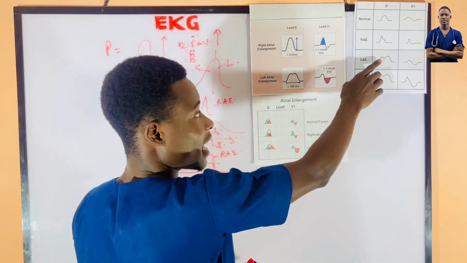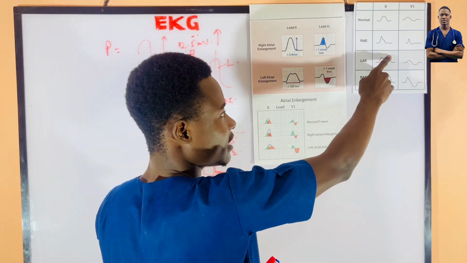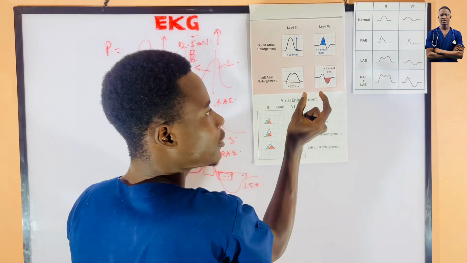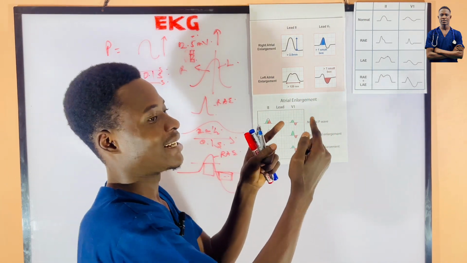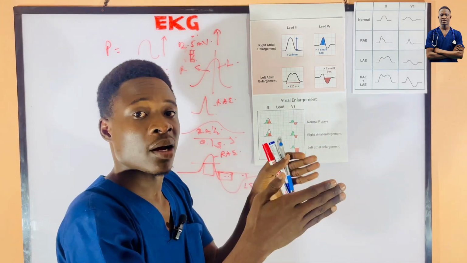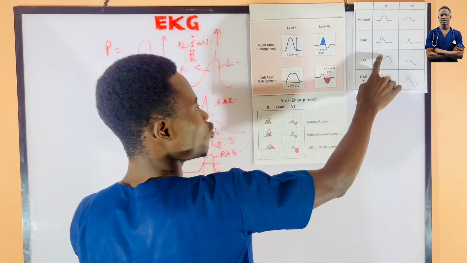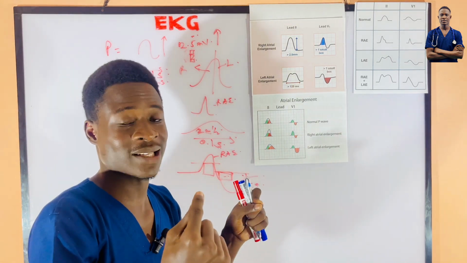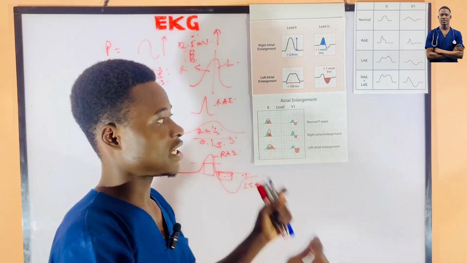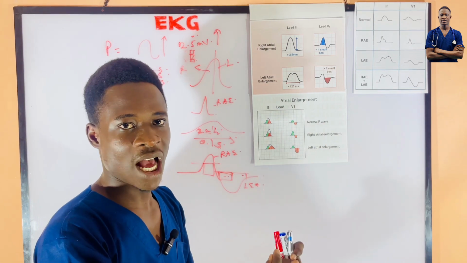So the maximum height here and then the maximum height here, when you compare the two, the difference in there is supposed to be what? Less than 1 box. So if that one too is more than 1 box, we say we have what? A left atrial enlargement. Are you clear with it?